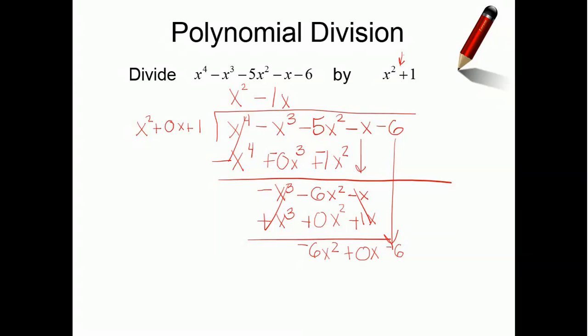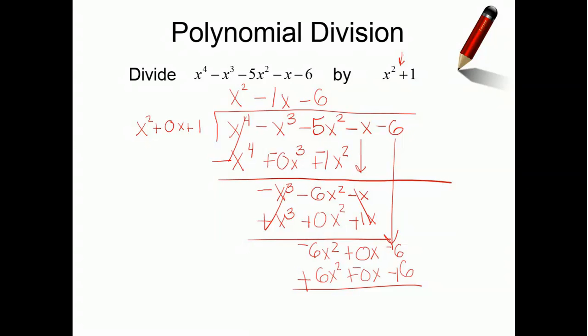So, now, what times x squared needs to give me a negative 6x squared? Negative 6, right? So negative 6 times x squared is negative 6x squared. Negative 6 times 0x is 0x. Negative 6 times a positive 1 is negative 6. Change my signs.